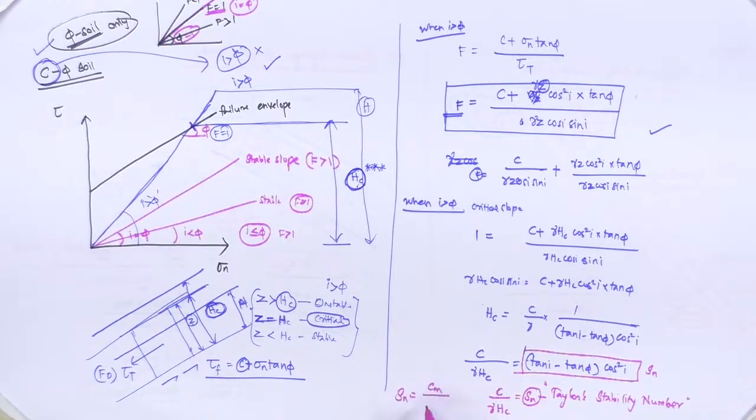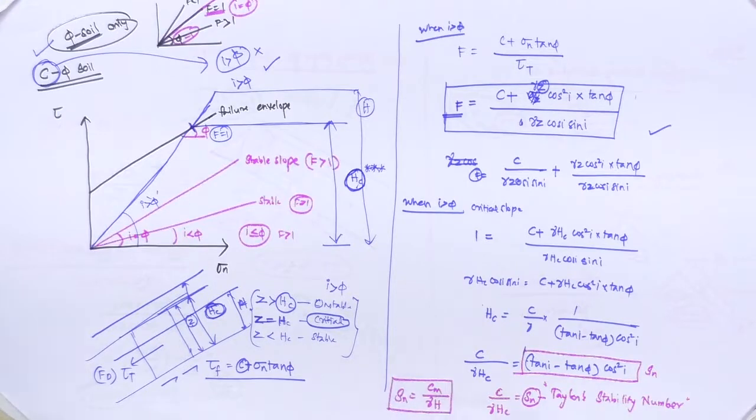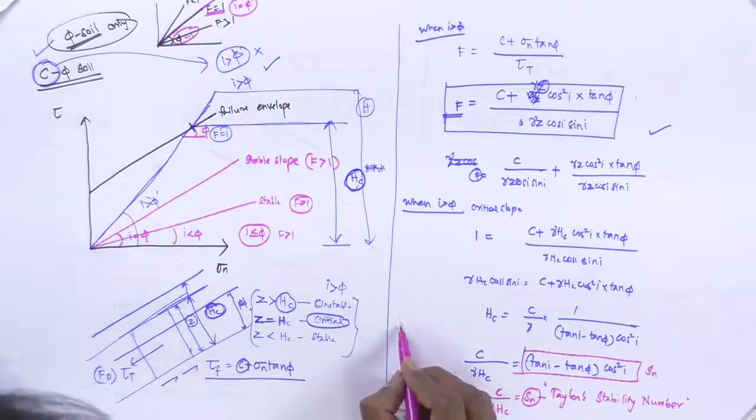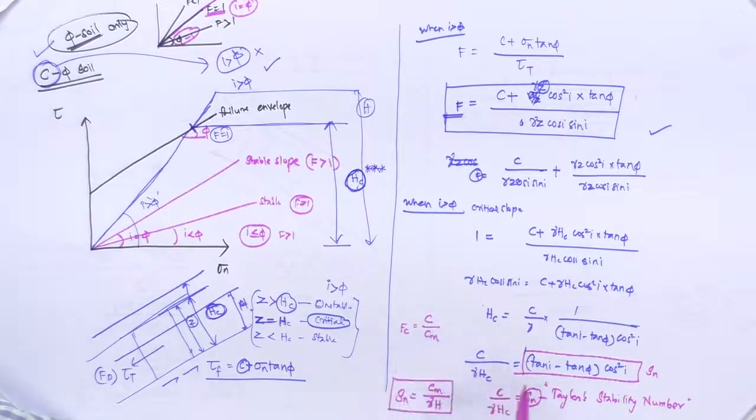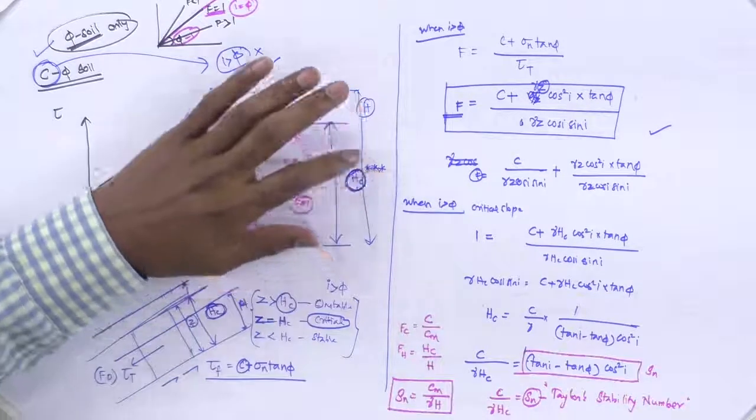Sn equals Cm divided by gamma h, where this is the mobilized cohesion. Factor of safety with respect to cohesion is available cohesion divided by mobilized cohesion. So factor of safety with respect to height is critical height divided by any possible height.